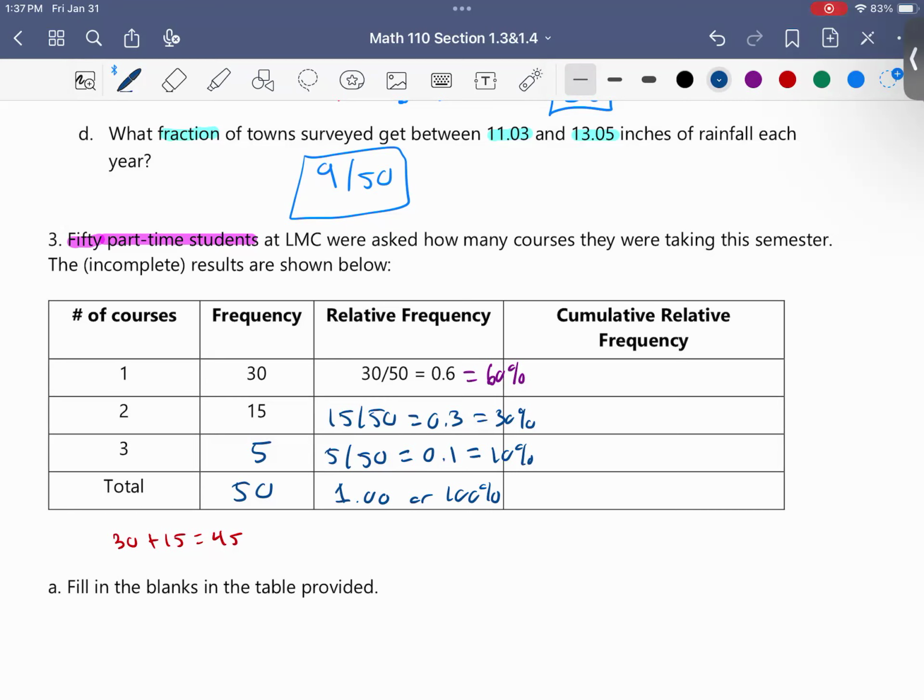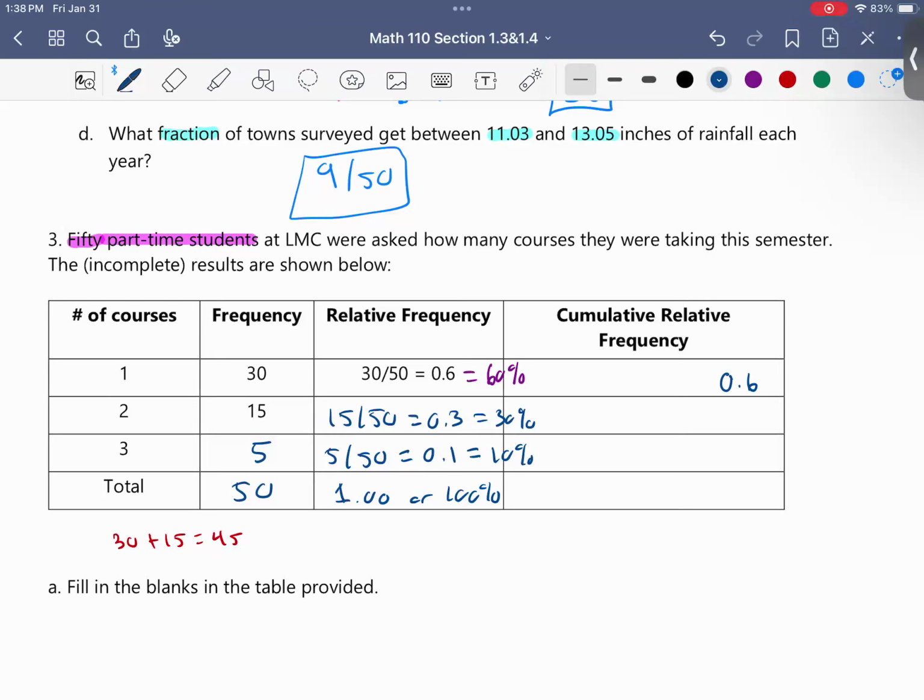Okay, let's go ahead and check out the cumulative relative frequency. So with cumulative relative frequency, remember for the first row, we always start out with just the first relative frequency. So I'm going to start with 0.6. I'm using decimals this time. And then we're going to just add the previous cumulative relative frequency to the new relative frequency.